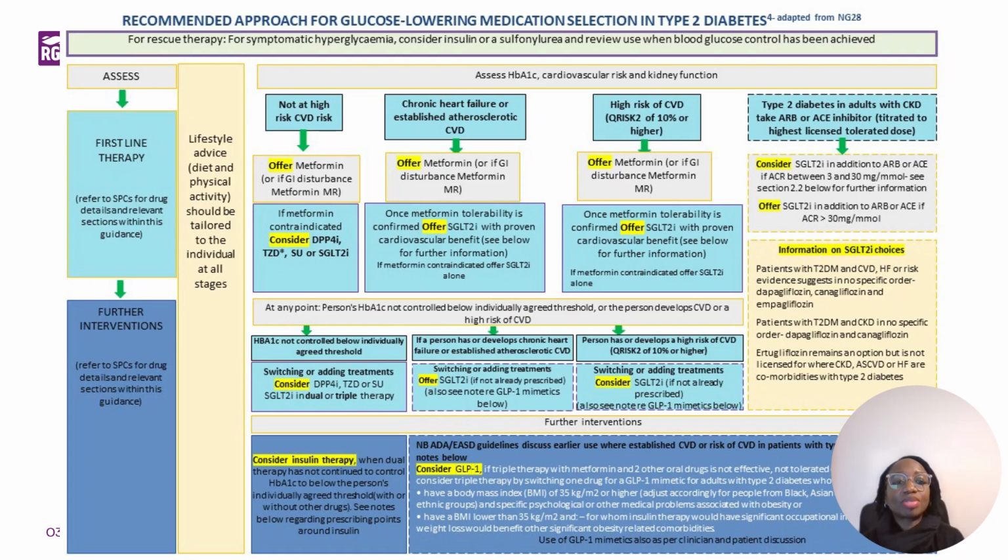As I said, metformin will be the gold standard to start, but it could be contraindicated for various reasons. And if it is contraindicated, you could consider DPP4, a drug like pioglitazone, a sulfonylurea like gliclazide, or you could consider the SGLT2s. So this could be an initiation for some people.